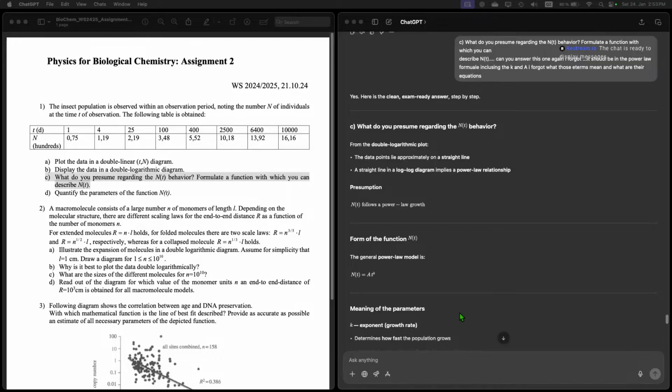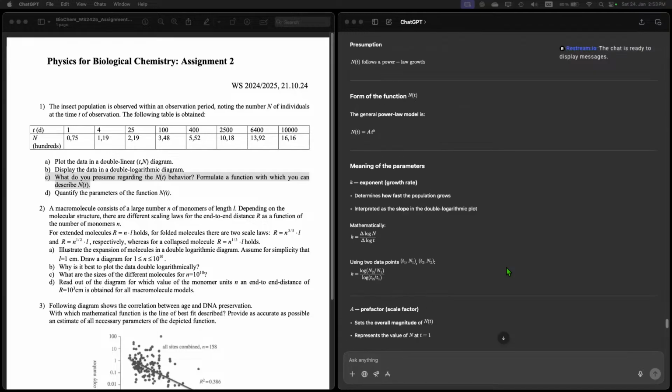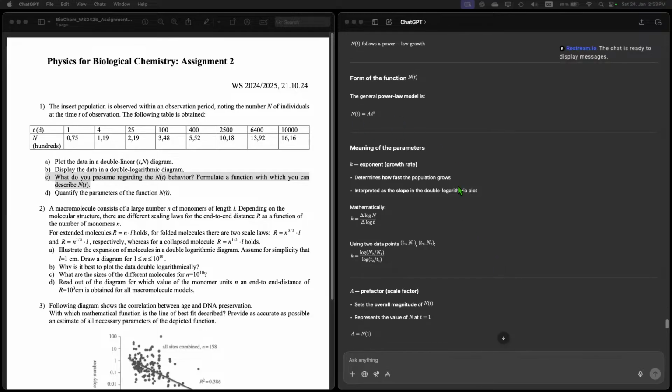So log n2 by n1, that's k. K is an exponent, a is a prefactor, N(t) follows the power law growth. General power law model: N(t) equals a t to the k. Meaning of the parameters: k is the exponent.